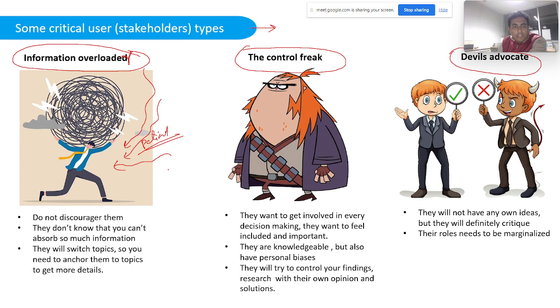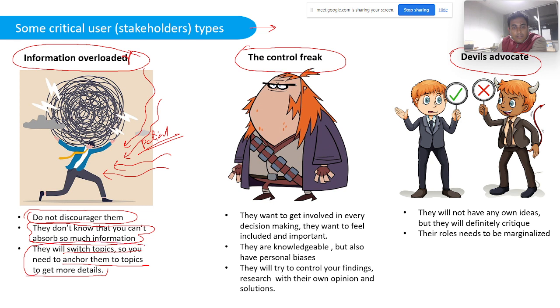In most cases, not all their information is useful, and they switch their topics. So as a designer or as a researcher, you need to anchor them to the topics to get more details. Okay, because they do not know what they need to talk about, and they do not know what you are looking for. But do not discourage them.